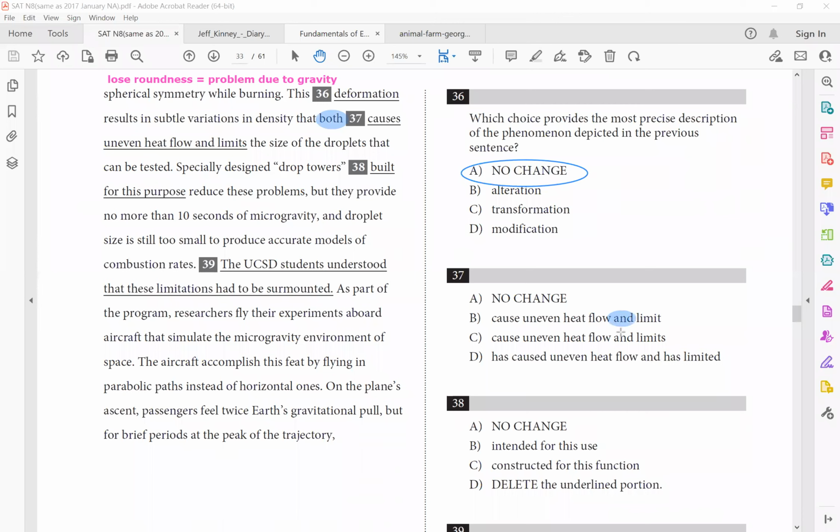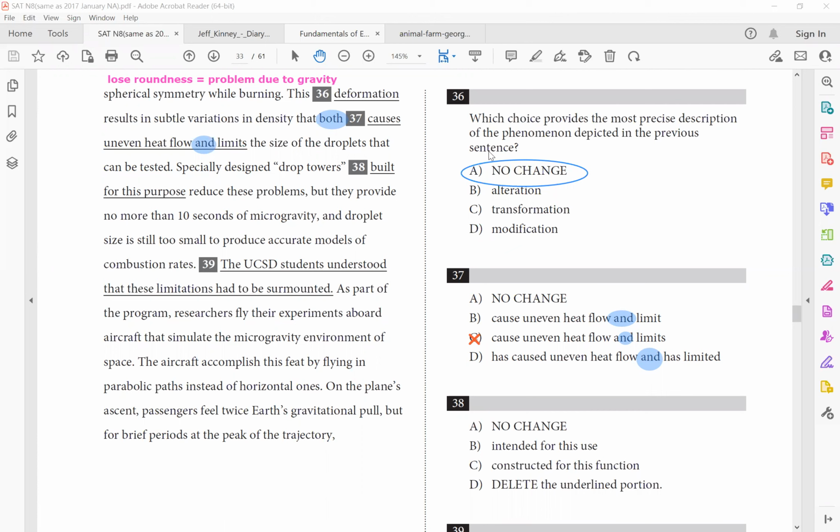By process of elimination, actually they all have and, but do we have parallel structure? We can cross out the ones that don't. C is out because it says cause and limits, which is incorrect. A says causes and limits, B says cause and limit, they're both plural, and D says has caused and has limit.